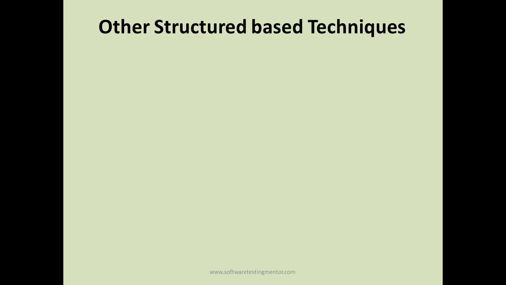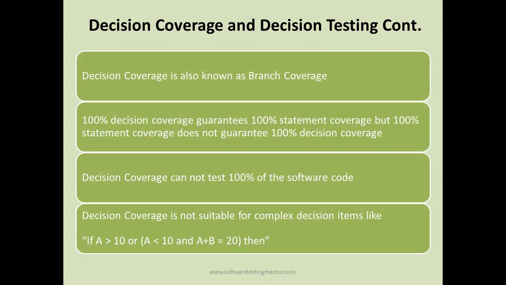As per the ISTQB syllabus, these are the only two techniques you need to know in some detail. You should be able to identify test cases based on pseudocode for these two techniques. There are other, more complex structure-based techniques which help you identify decision coverage for complex decision items like this.